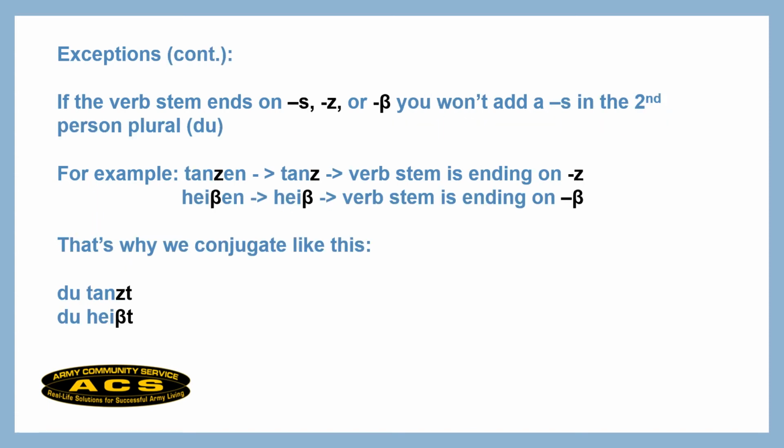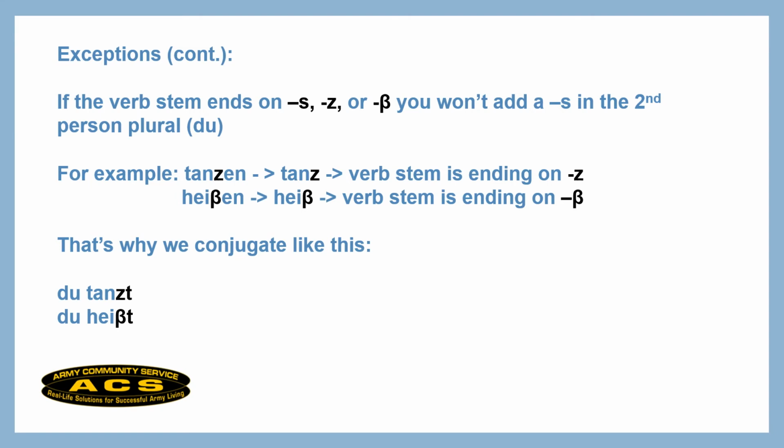Another exception occurs if the verb stem ends on s, z, or scharfes S. You won't add an s in the second person singular anymore. For example, when we have the word tanzen, which means to dance, the ending of the verb stem is a z.